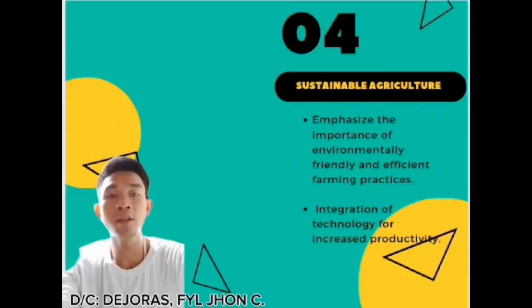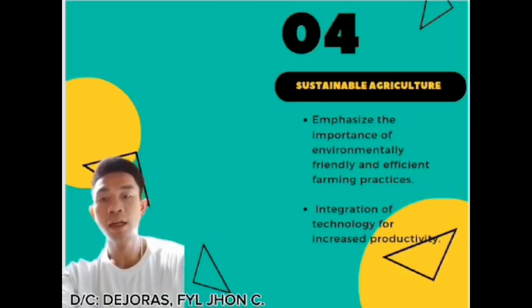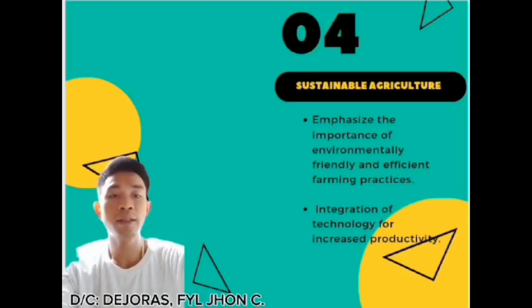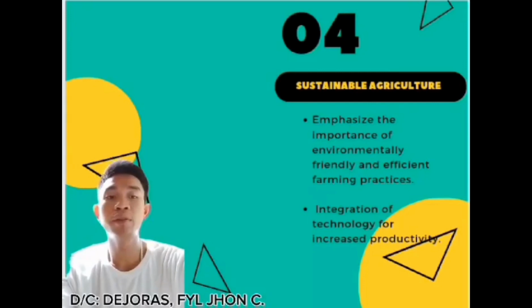So, sustainable agriculture is an approach to farming that aims to meet the current needs for food, fiber, and other agricultural products while ensuring the long-term health of the environment. So it involves practices that promote soil health, conserve water, minimize pollution, and prioritize biodiversity.